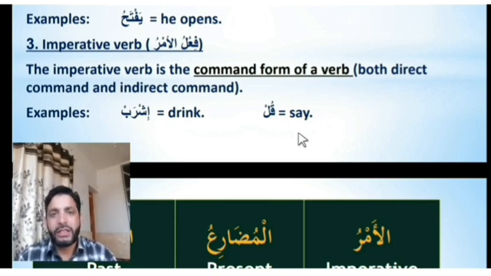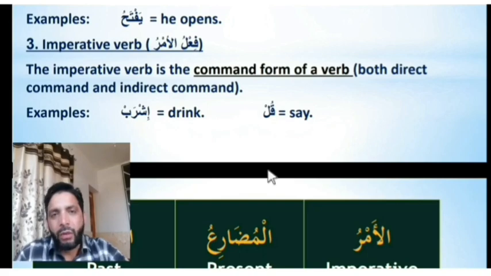Qul, say. See, this is the fi'l amr, the command form of a verb. If I say qul huwa Allah, say, he is the one and only. So qul is a fi'l amr. This is the command form of a verb. There is demand, there is order, there is command as well. So these are the three types of verbs in Arabic.